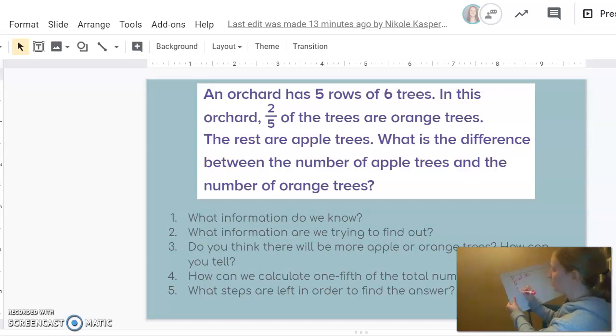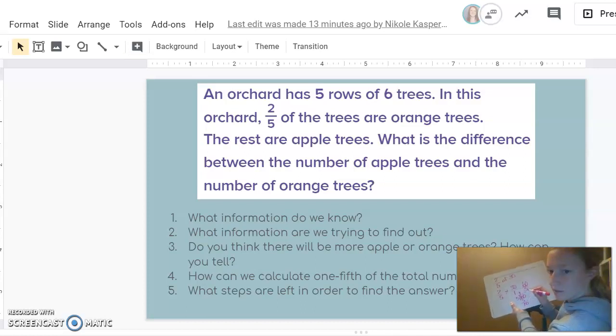So I've got 2/5 of 30, and I can change that "of" into multiplication. So I've got 30 over 1. Okay, 2 times 30 is 60. 5 times 1 is 5. So you're going to notice I have an improper fraction here. I need to fix that. So I need to see how many times does 5 go into 60 without going over. Well, if you need to work that out, that's no big deal. Just go ahead and do so. 5 goes into 6 one time.